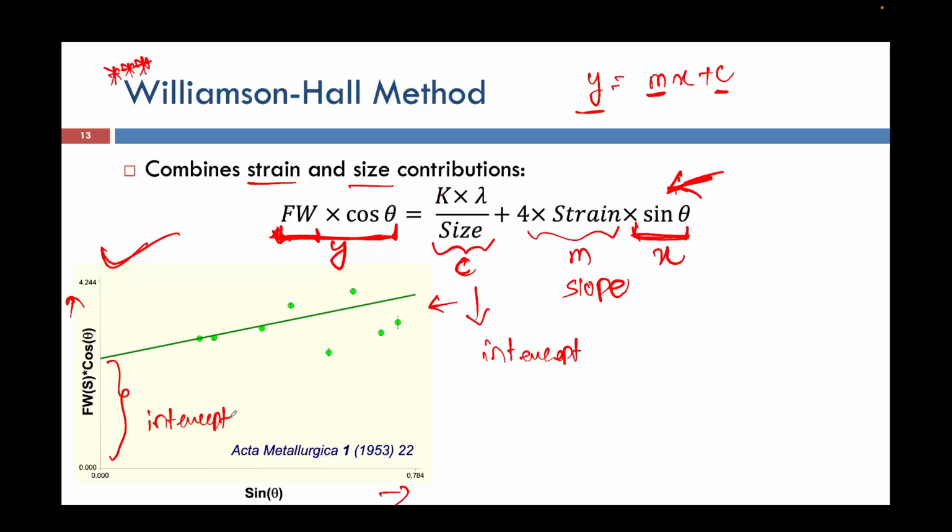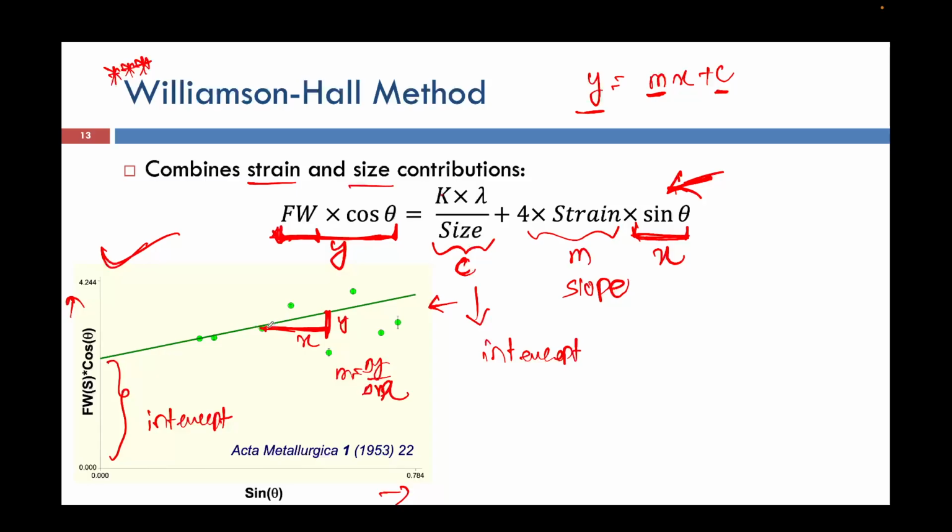You know that x is sin theta and y is Fw cos theta, so by measuring delta y by delta x you can calculate the slope. The slope value is 4 into strain, which means you will be easily able to calculate the strain associated with the sample. That is why this is one of the most important equations in X-ray diffraction. It combines the strain as well as size contribution to the broadening effect.